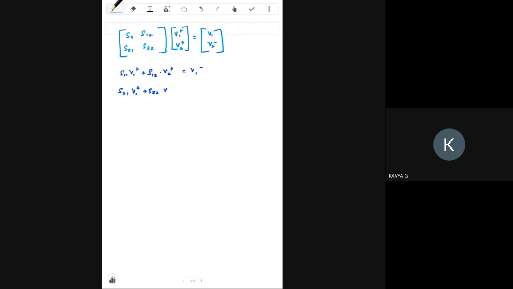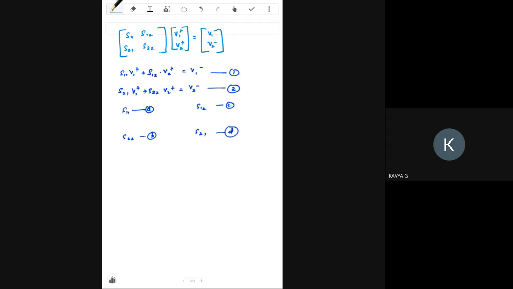These are two equations, let us call them 1 and 2. Now let us find what S11, S22, S12 and S21 are. My objective is to find these small a, b, c, d. How do we find them from these equations?